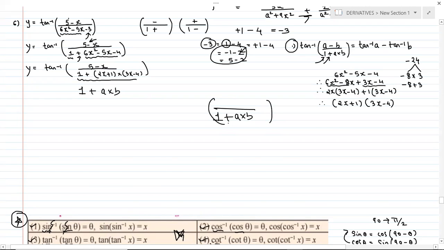So here if 1 plus is there, here we require minus, and here it will be a and b. So when you subtract these two parts, you must get this numerator. Yes or no? So this is the concept here. So now we'll see after subtracting whether we'll get this answer or not.